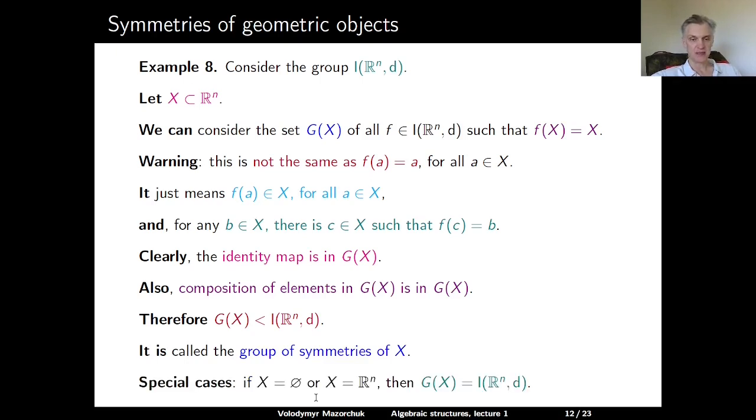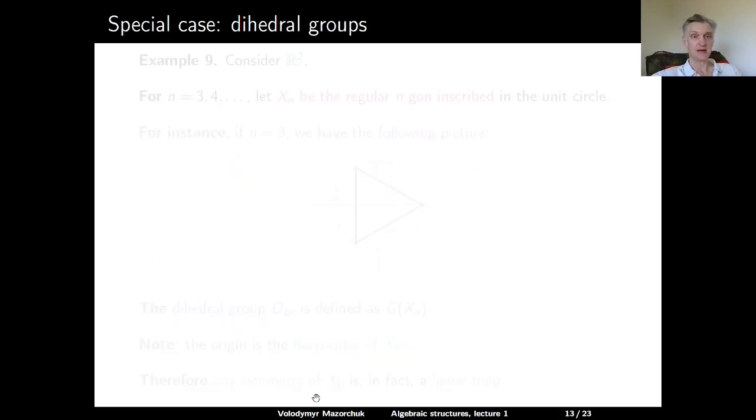Trivial special cases: if X is empty or X is the whole of R to the power n, then G of X is the group of all isometries. Here is another special case, the case of so-called dihedral groups. Consider R to the power 2, the real plane.